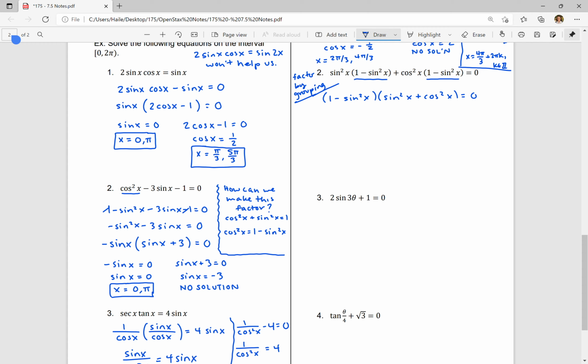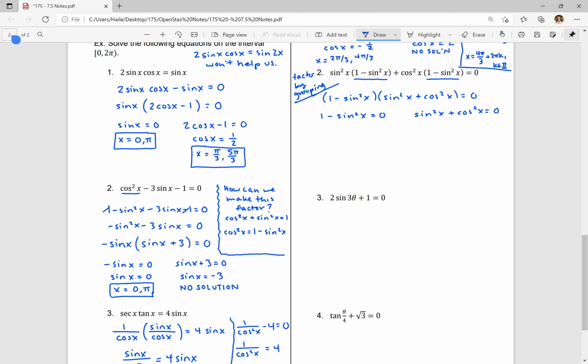So I'll make a little note of that. Okay, so now we have two factors. They're multiplied together. They equal 0, so we can solve each of them. So we have 1 minus sine squared x equals 0, and sine squared x plus cosine squared x equals 0. So maybe let's start with the first one.